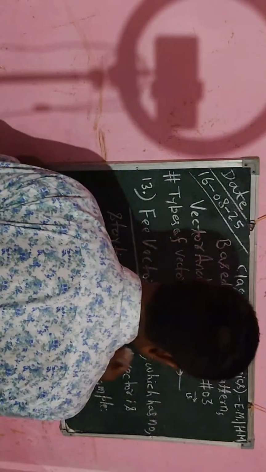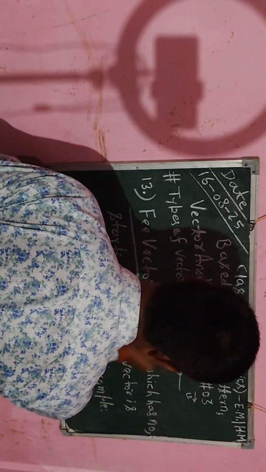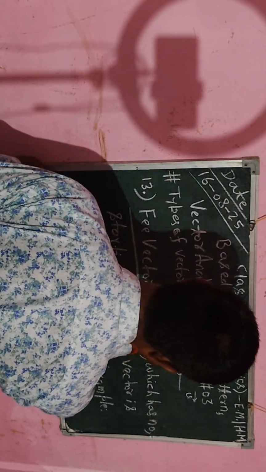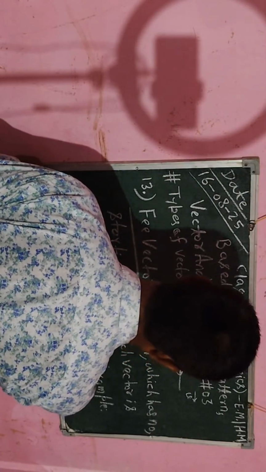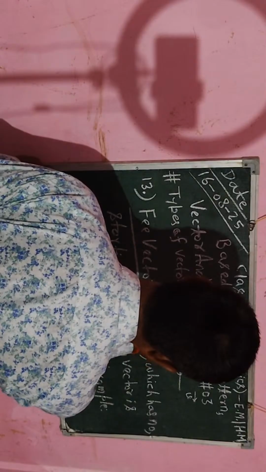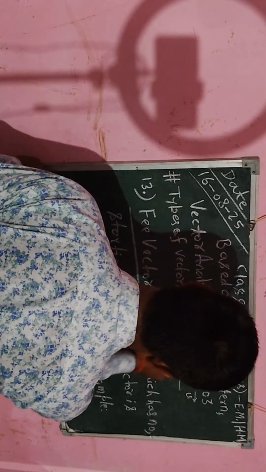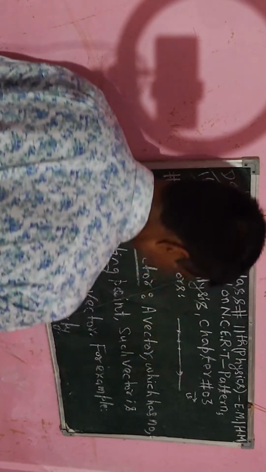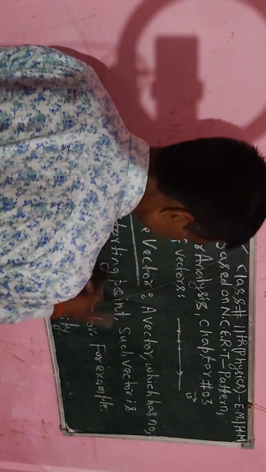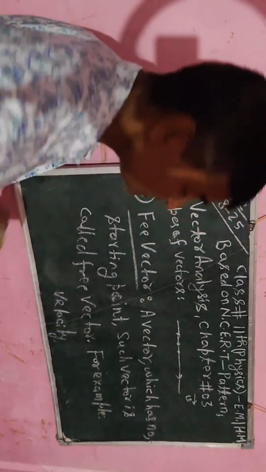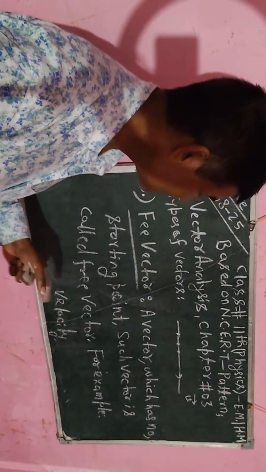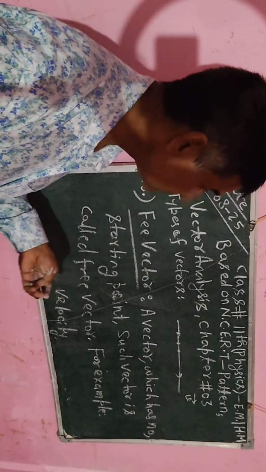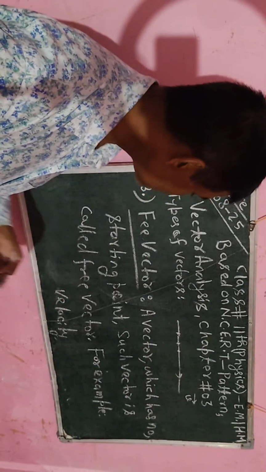Sometimes that velocity starts from here, sometimes from there. It means that there is no starting point, and a vector which has also no end point is called a free vector.